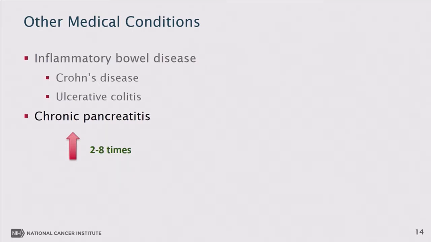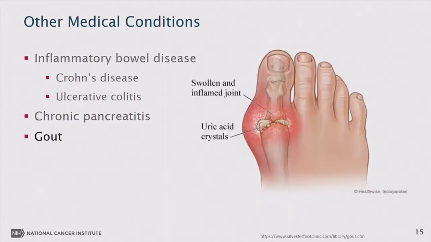Chronic pancreatitis is another disease that causes inflammation of the pancreas, and this is associated with 2 to 8 times the risk. And gout is a medical condition. This is actually a metabolic condition whereby the body cannot properly process uric acid. So uric acid crystals congregate in the joints. So you can see the crystals forming right here in the joint.